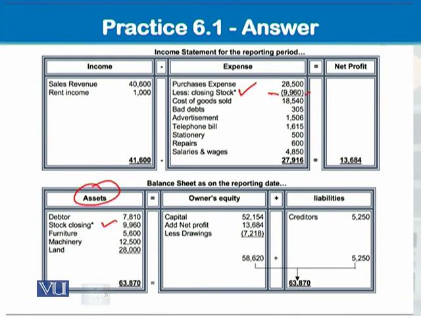Okay, so subtract it from here and place it over here. So these are the two effects of closing stock, that we are subtracting it from our purchases and taking it as our asset. So these two accounting effects you should keep in your mind for closing stock. It will be added in assets and it will be subtracted from the purchases. I trust by doing practice, it will be more clear for the future practice, inshallah.